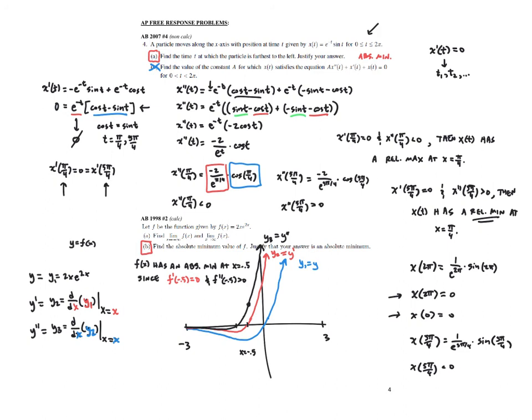So using the second derivative test, I know that there's an absolute minimum value there on f at x equals negative 0.5. Now, you might be questioning, well, why don't I test endpoints?